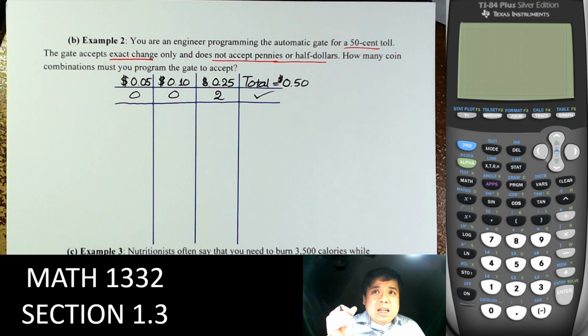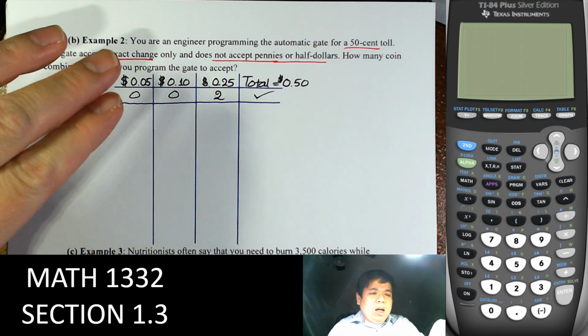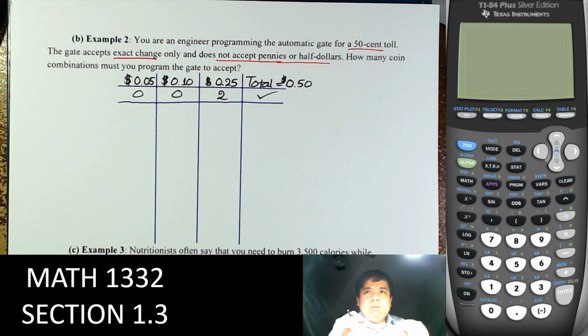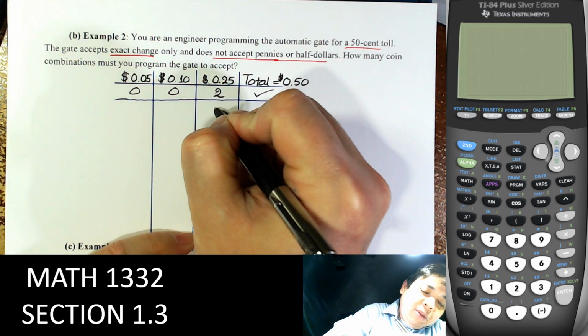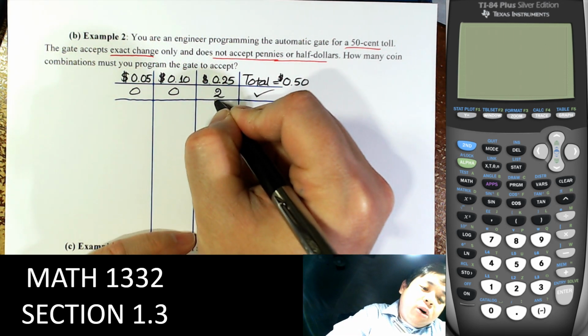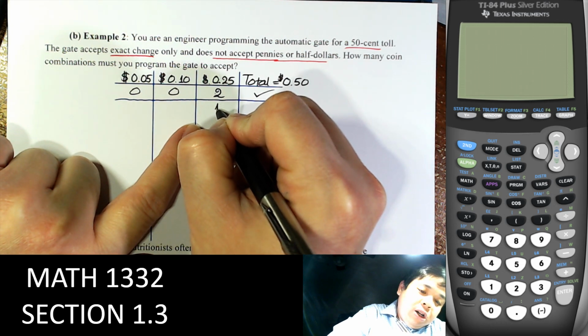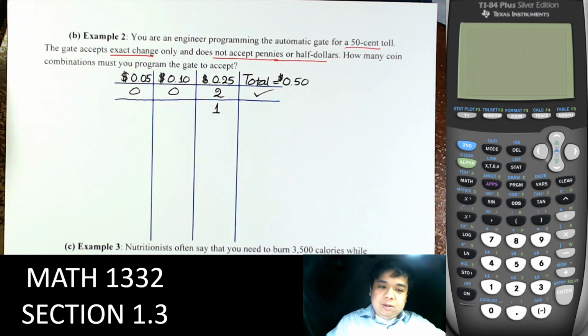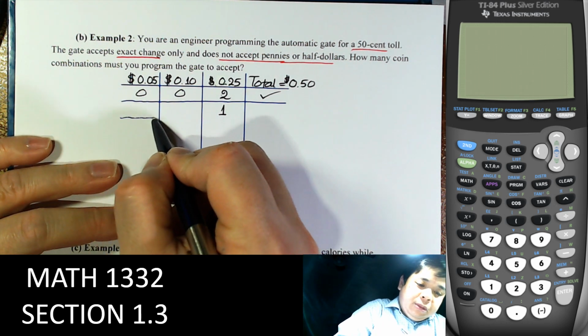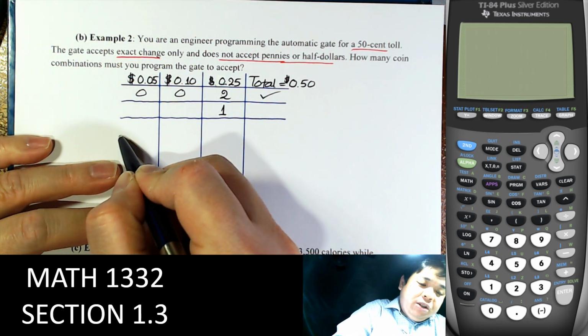Next is, what if we only have 1 quarter, right? Of course, we don't want to use all dimes or all nickels. First, we want to have a much more systematic way to do that. So let's say we don't have 2 anymore. What if we just have 1 quarter, and we still need 50 cents?